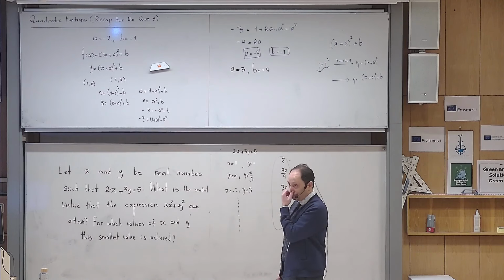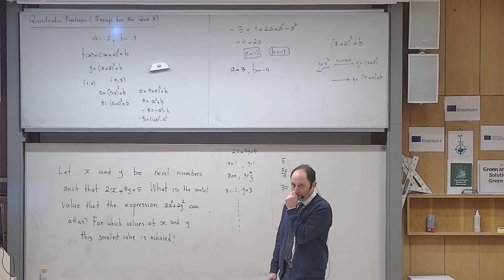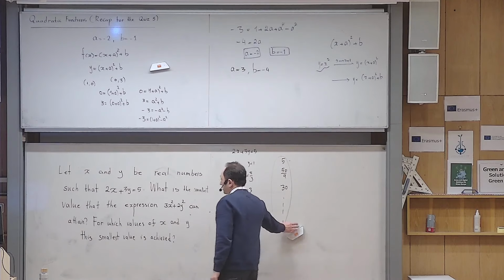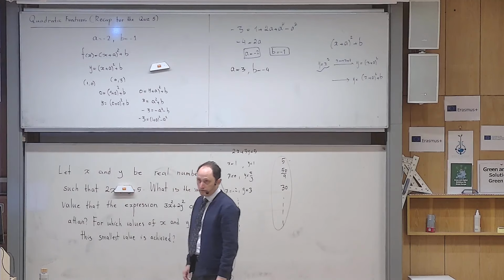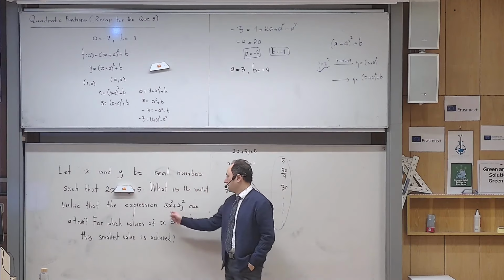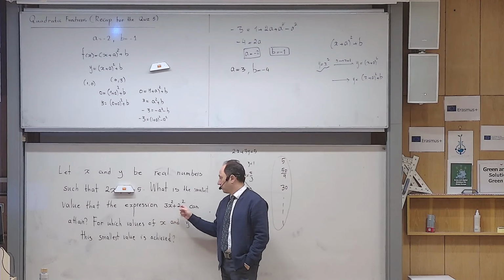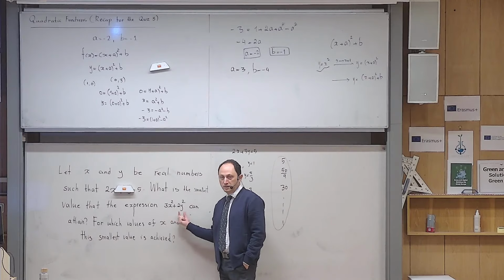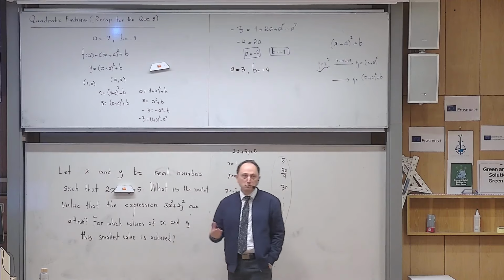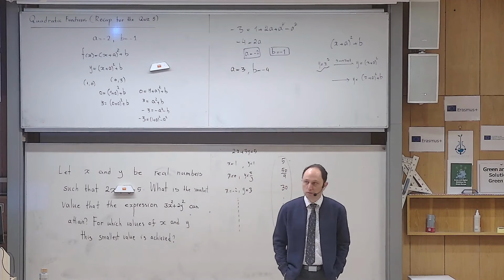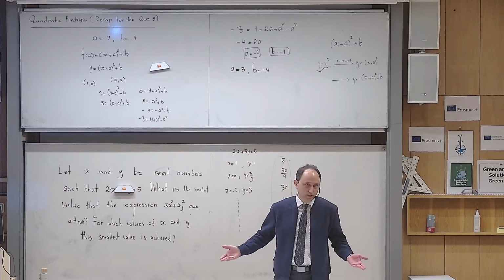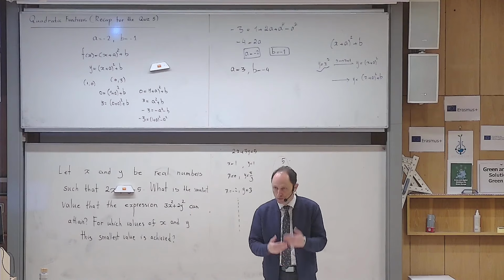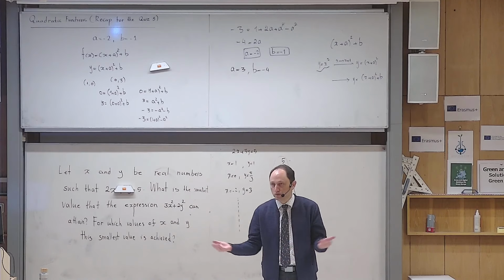Is the answer just 0? No. You know why? Many people say the answer is 0. The answer is 0 if this constraint is not there. So what Hasbulat is saying is that x squared is non-negative, y squared is non-negative. So if I want to minimize this, it is natural to minimize this part and this part separately. If I ask you what is the minimum possible value for 3x squared, what is that? 0. 3x squared cannot go below 0 because x squared is non-negative, multiplied by 3 is non-negative.